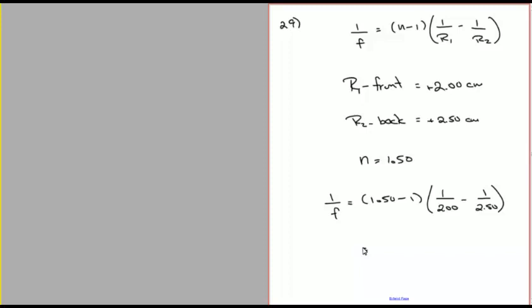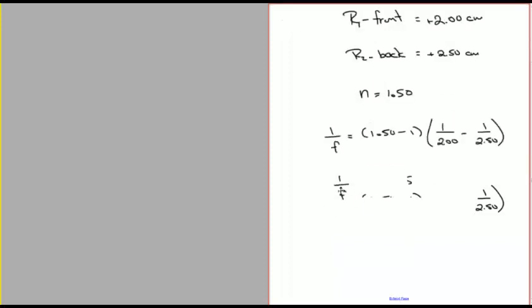Okay, so we get (1.5 minus 1), or 0.5, times (1 divided by 2 minus 1 divided by 2.5), and we get 0.05. And then we just take the reciprocal.